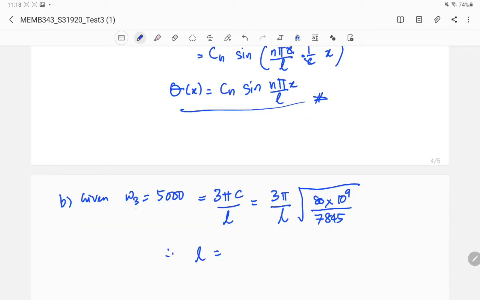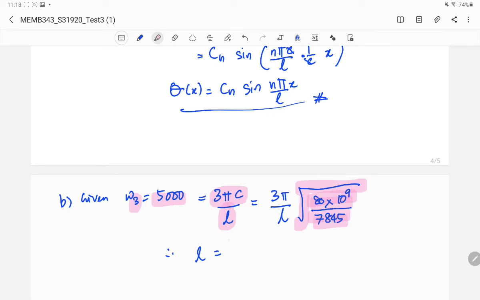For the natural frequency we found just now, the general equation is n pi c over L. So if it's the third natural frequency, it's just 3 pi c over L. They give you 5,000 for that, and your c is the square root of G over rho. They give you the G value and the rho value.